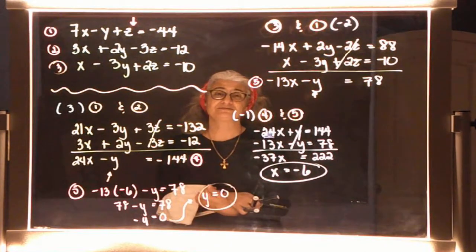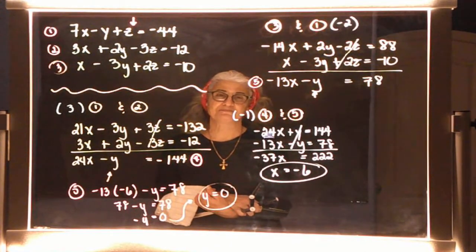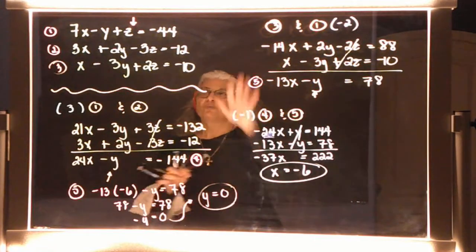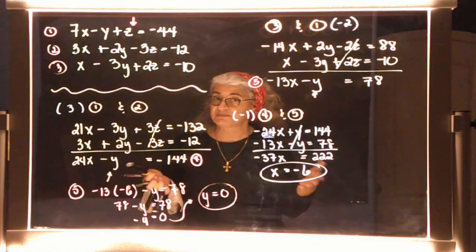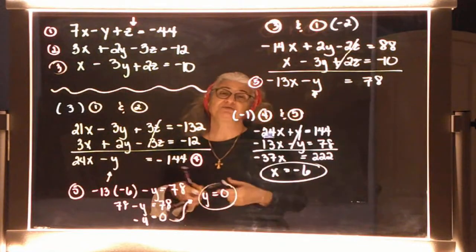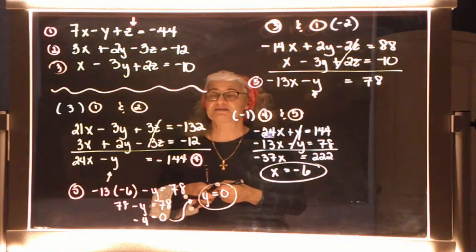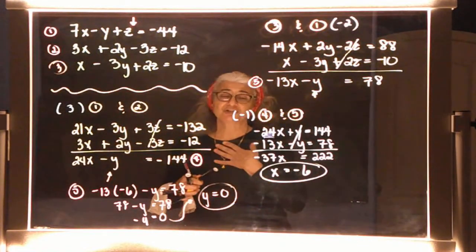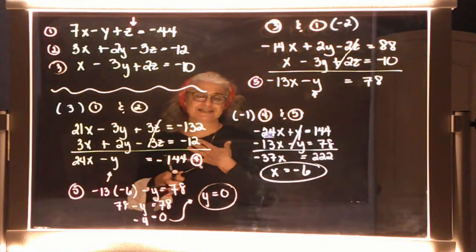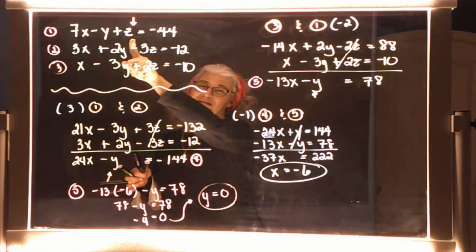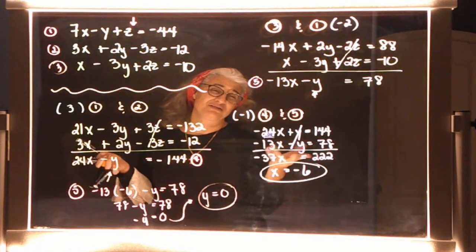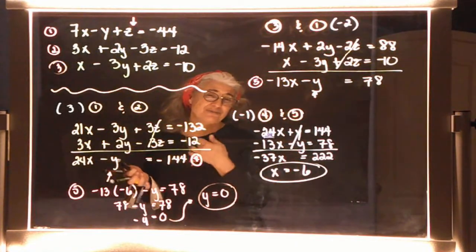And now, go find z. Where? One of these 3 equations. Does it matter which one? Nope, whichever one floats your boat, whichever one you think is easiest. I'm going to go with equation 1. Since I'm looking for z, it has a coefficient of 1, so I think it's going to be the easiest out of the 3 for me.